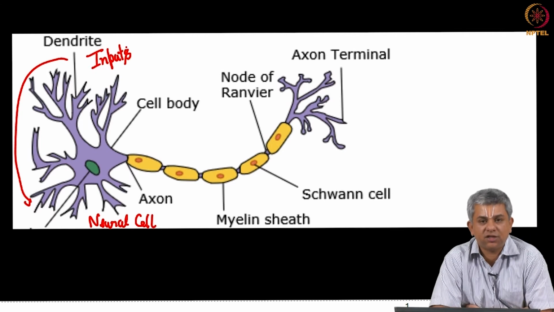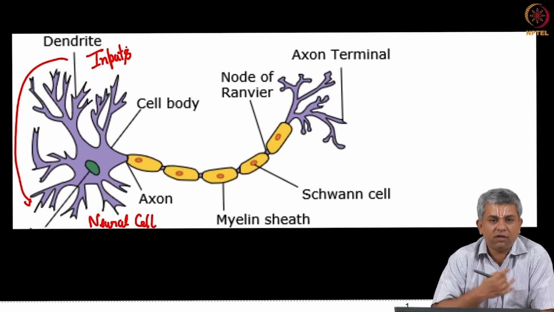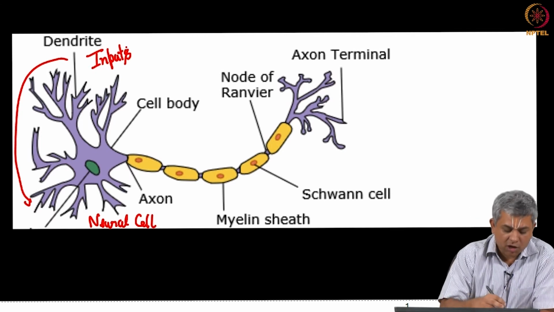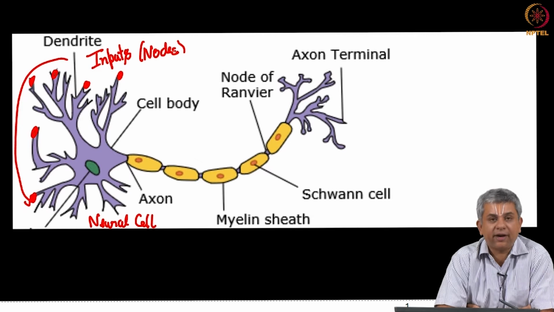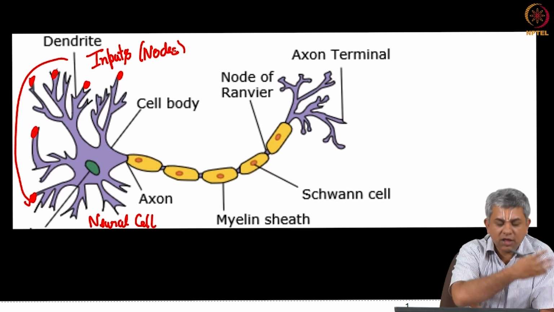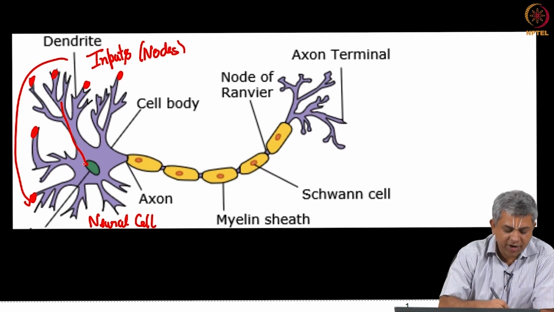Let us take the analogy of an eye, just like in an image you have pixels, a lot of information comes from various sources. So, we can see input nodes, these are called dendrites. So, all these finally feed into one single neuron.